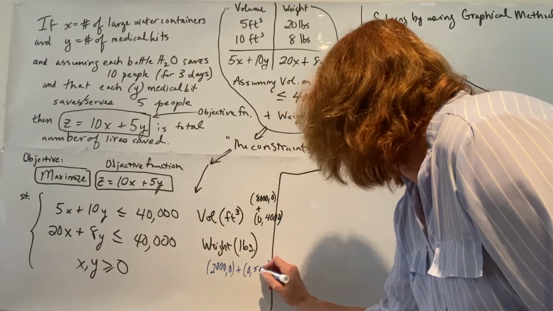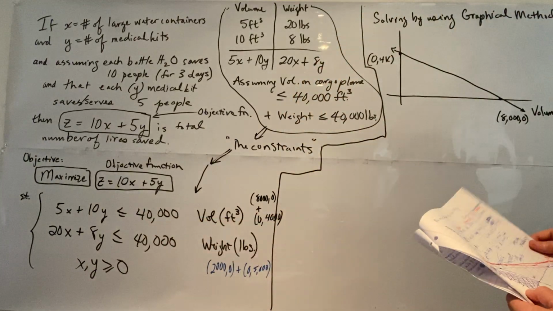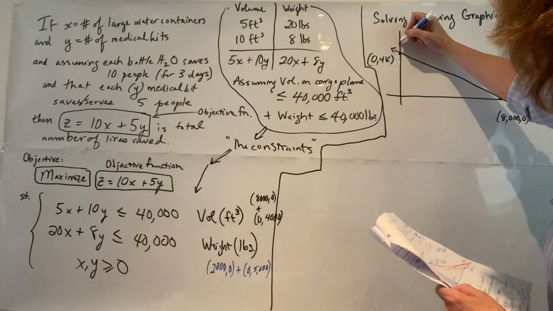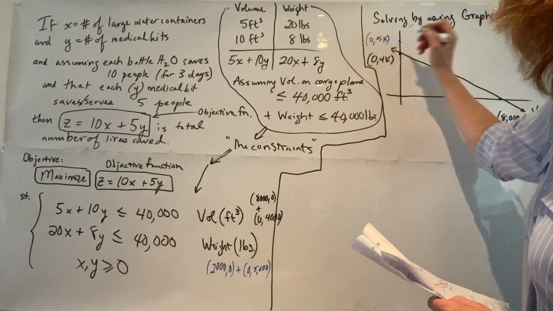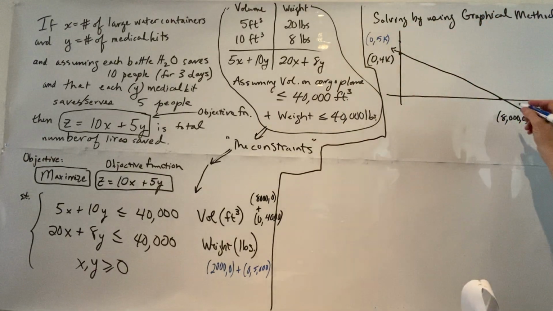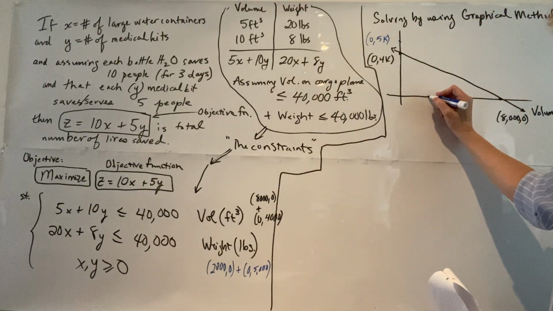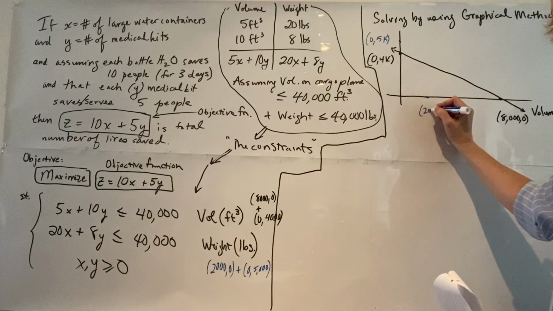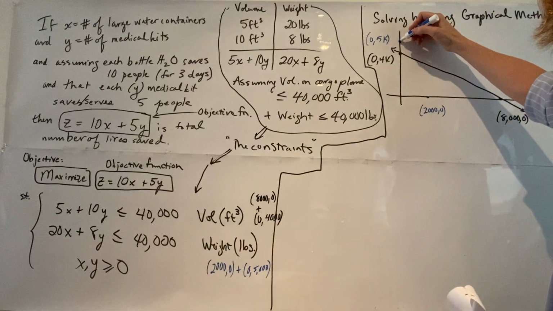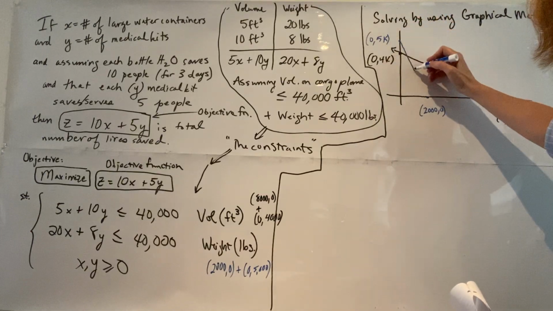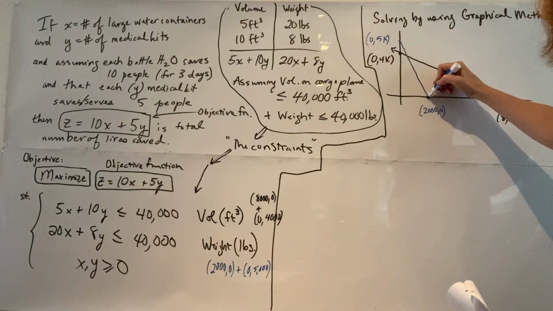Those are points on the boundary of that half plane. So that would give us 0, 5,000 there, and 2,000, 0 there. So these are the weight constraints, the boundary of it.